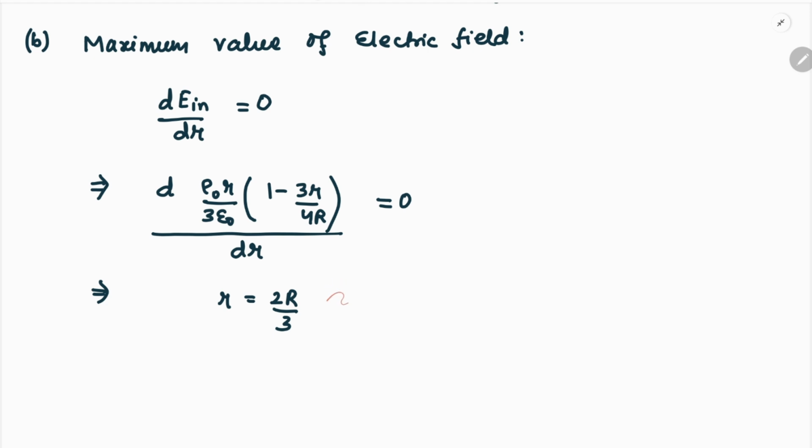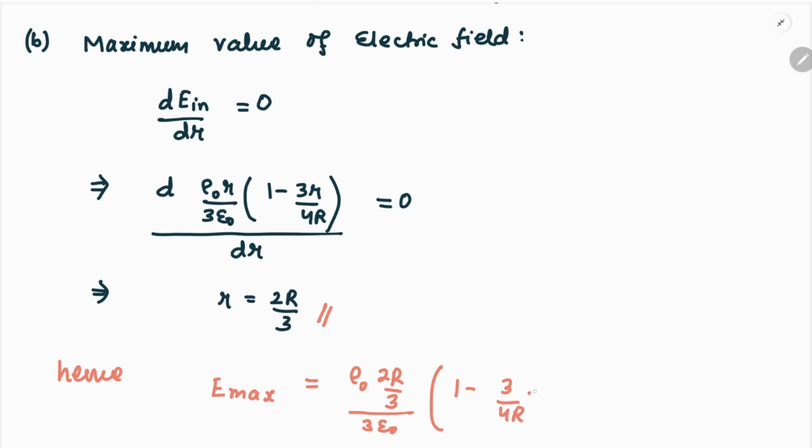So this is the point at which the electric field is maximum, and hence E maximum can be calculated by putting this value over here. So rho naught 2R by 3 epsilon naught times (1 minus 3 by 4R times 2R by 3), and on solving we obtain this value as rho naught R by 9 epsilon naught.